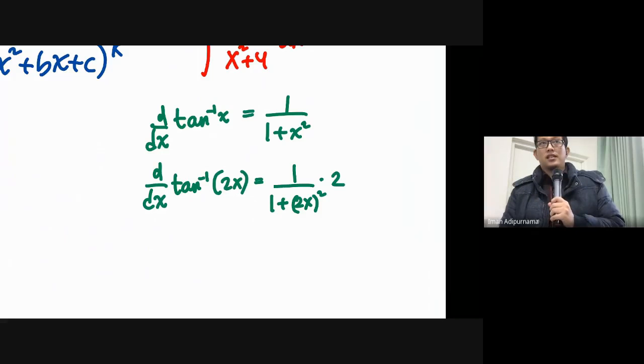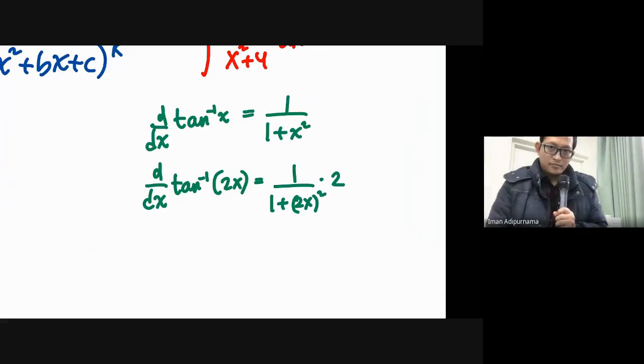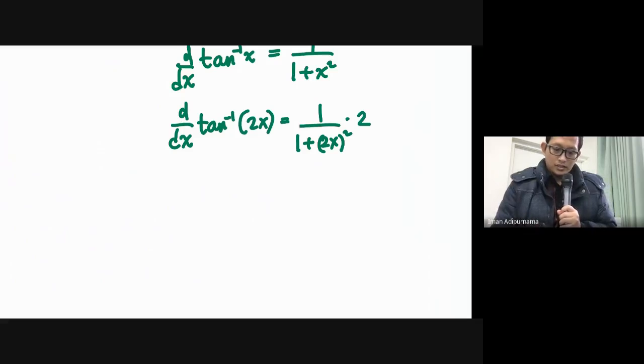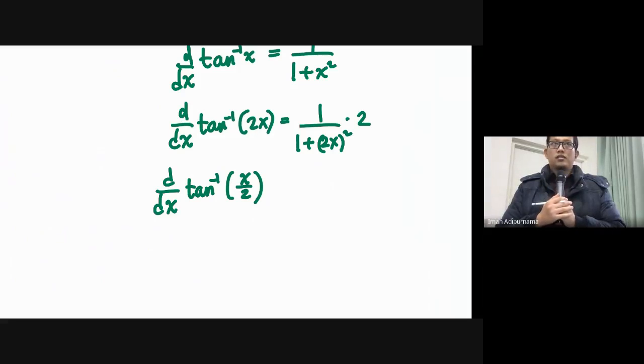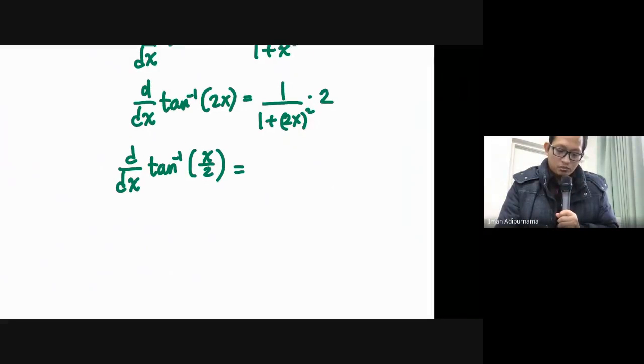Got it? Now, what if I divide x by 2, x over 2? It will be 1 over 1 plus x squared over 4, and then we need to multiply with half.